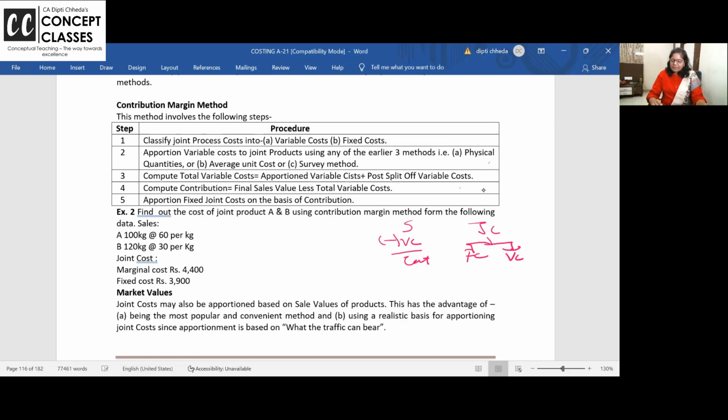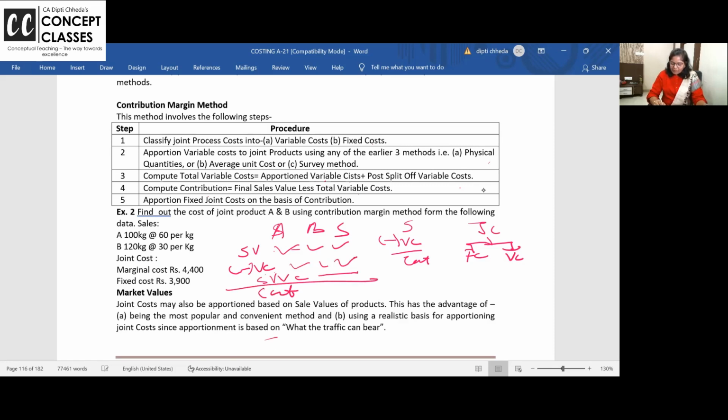Now, sales minus the total variable cost, joint variable cost and post split-off, will give you contribution. The individual sale value of A, B, C, from that minus the whole variable cost, a portion of joint variable cost and the post split-off variable cost, so you will get the contribution.